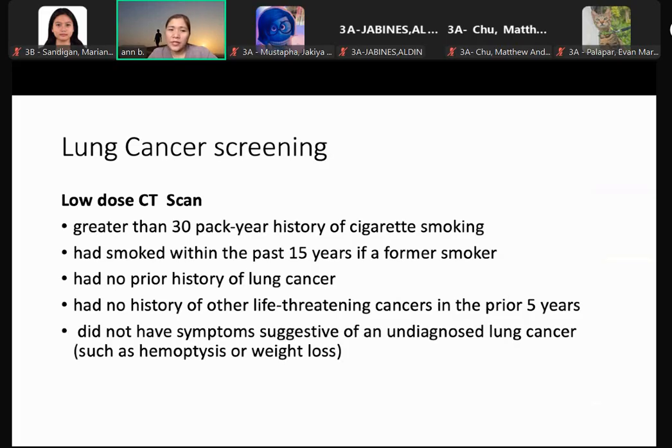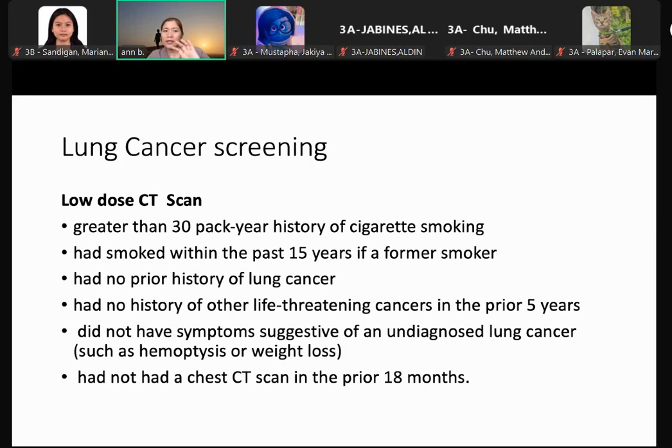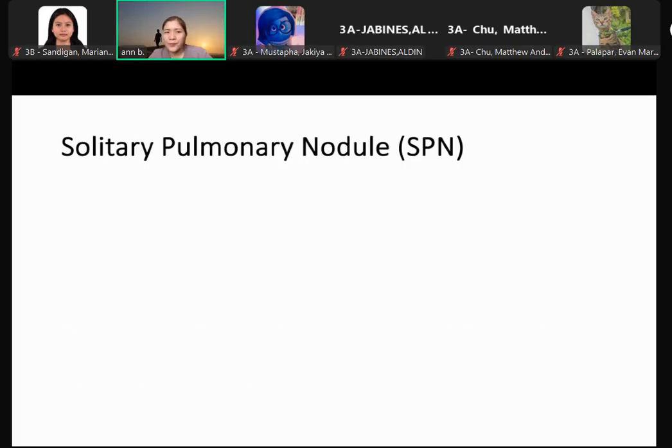So again, you need to request a low-dose CT scan, or did not have symptoms suggestive of undiagnosed lung cancer such as hemoptysis or weight loss. And patients had no CT scan in the prior 18 months. So low-dose CT scan is indicated in these kinds of patients.